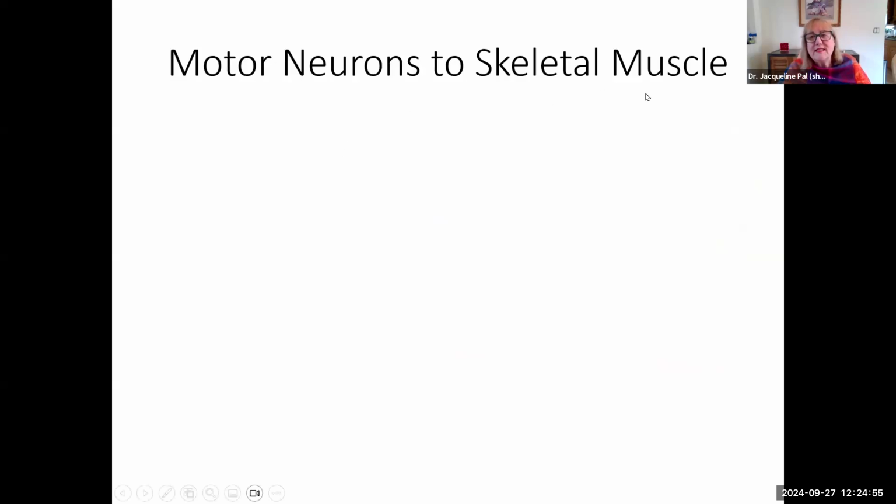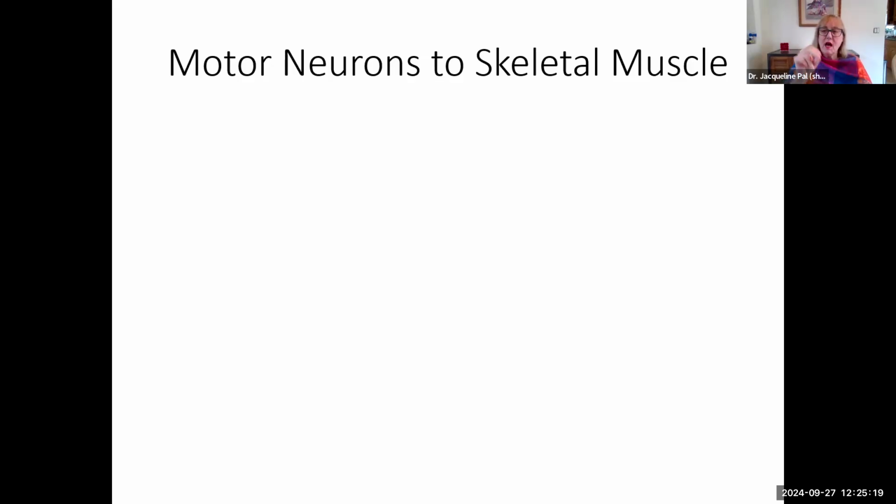Okay. So for skeletal muscle to move, we need what's called a motor neuron. Motor is movement. So we need a neuron coming from the central nervous system, from the brain or the spinal cord, going to skeletal muscle, telling it it needs to move.